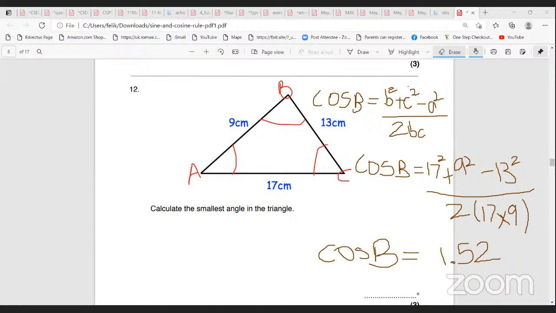Repeat that one, miss. 201 is the numerator. 17 square plus 9 square minus 13 square. So it should be 201 divided by the answer that you get for 2 times 17 times 9. Okay, miss.